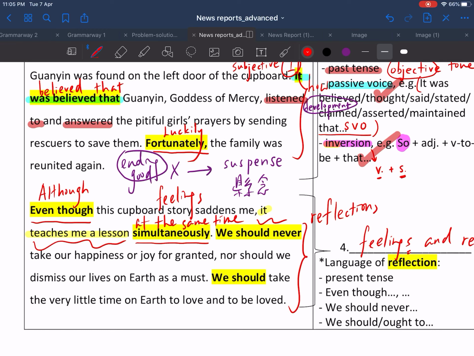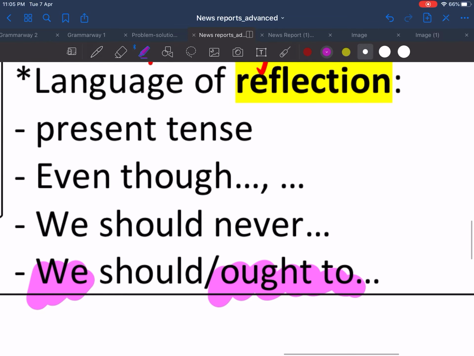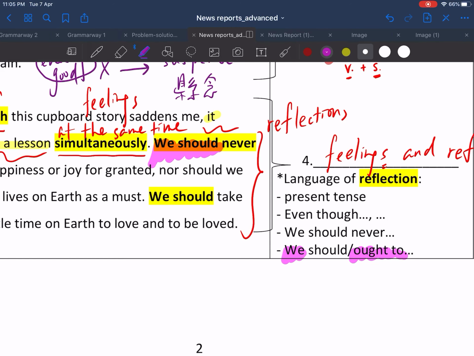And when we give reflections, we usually start with we should, or we ought to. It's like giving advice.